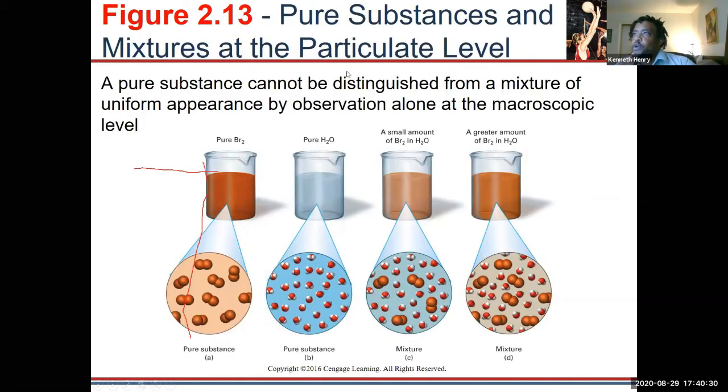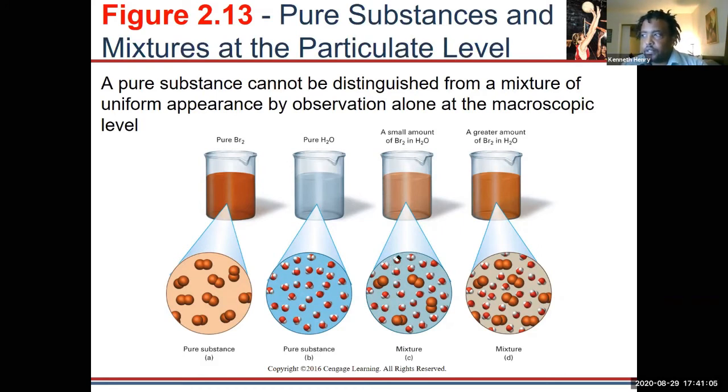Okay, so let's talk a little bit more about mixtures. If I have pure bromine and I have pure water, and I mix the bromine and the water together, here I just put a little bit of bromine in the water. It's all uniform throughout. It's got a nice little light brown color to it, right? We didn't make a chemical change because the bromine and the water are not reacting with each other.